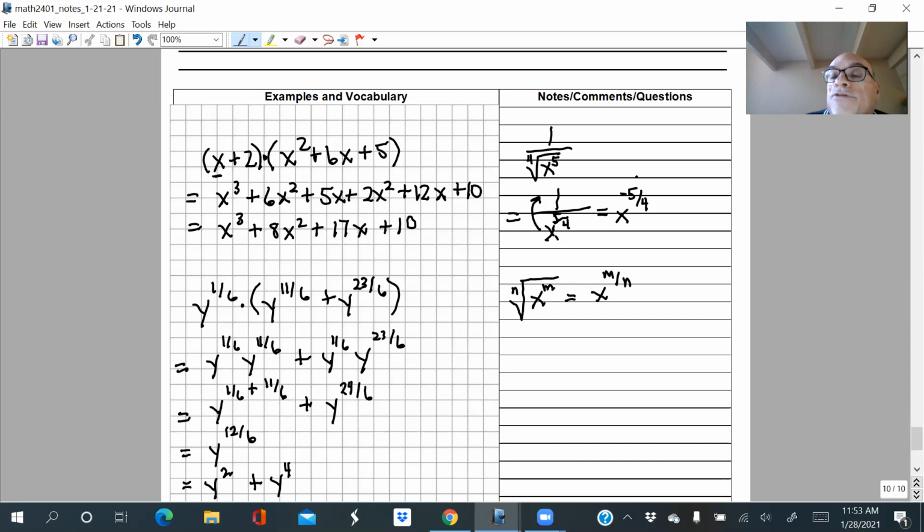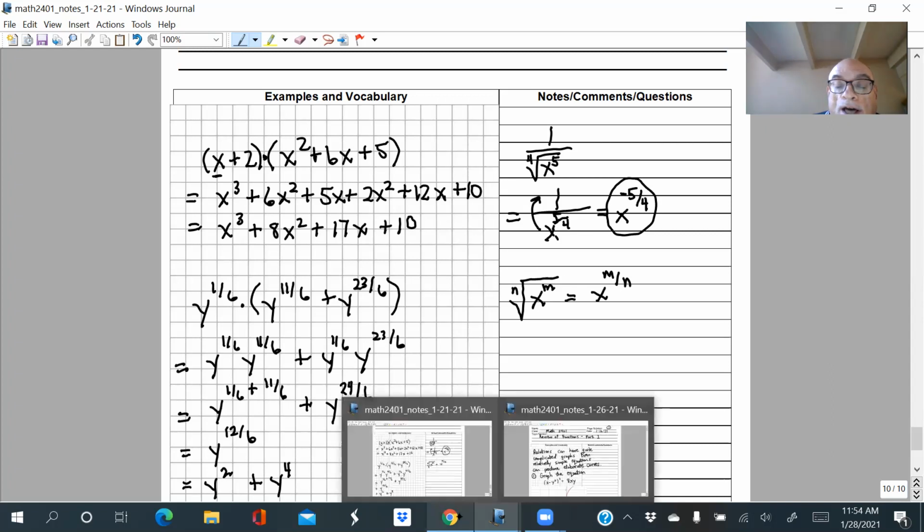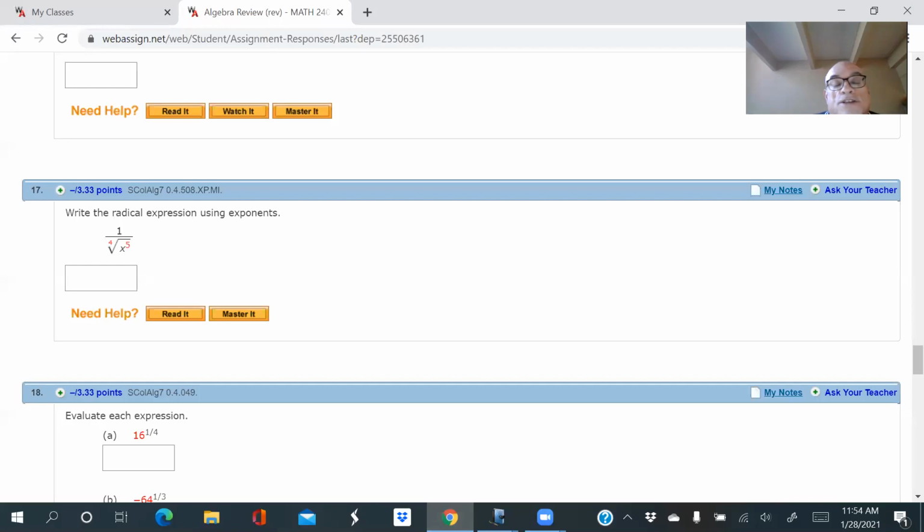So your final answer here is x to the minus 5/4 power. Remember, negative exponent means reciprocal. Fractional exponent means some type of radical.